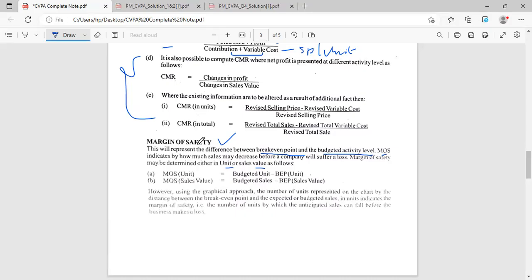Loss. So the cost accountant will now say, okay, now that we have 9 million, sir, if sales drops to 8 million, we are going to be making loss. So that's what we mean by margin of safety. So how much will sales drop to, or decrease, before a company will suffer a loss? Does it make sense? Are you with me?